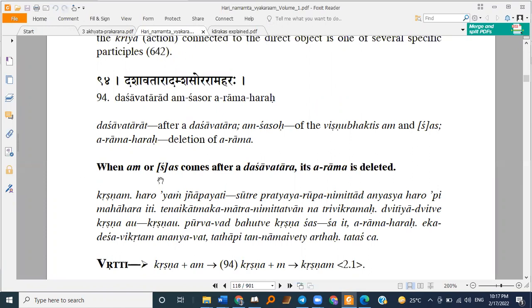When Am or Shas comes after the Dashavatara. If someone has memorized the pratyayas, it will be easy for them to recognize Am and Shas. That's why it's important to memorize the pratyayas.